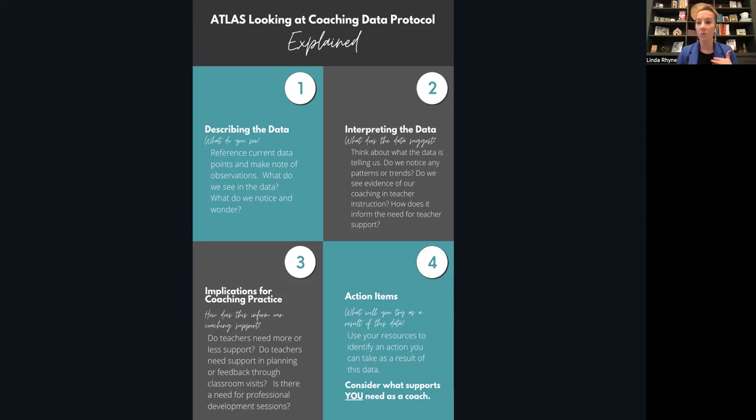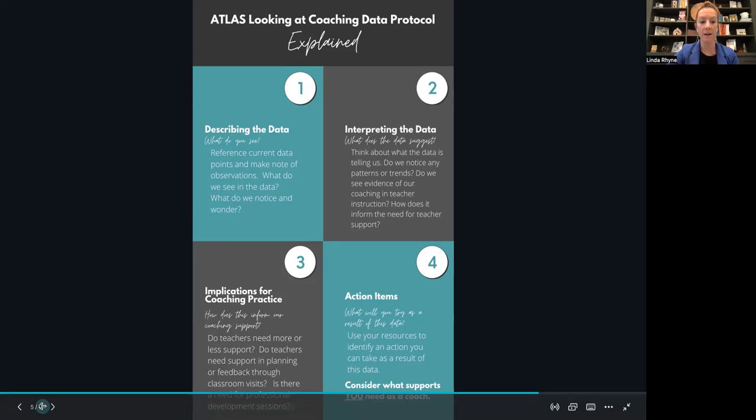Maybe we need to ask our own supervisor to come in and do some observations or coaching and help us increase the impact that we can have. We may also find that we want to get feedback from the teacher that we're supporting. Maybe the teacher has some explanation as to why the data is showing up the way that it is.